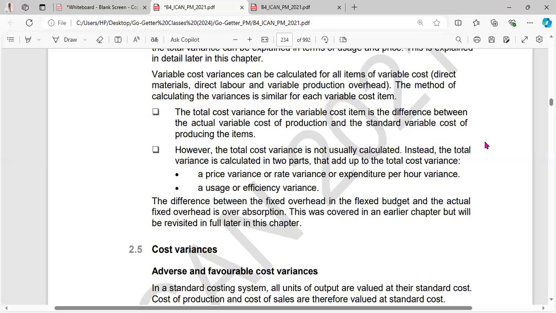What we do is we break it into parts and we get the individual parts. So instead of calculating total material cost variance, we calculate material price variance and material usage variance. Then we add them together to get the total.